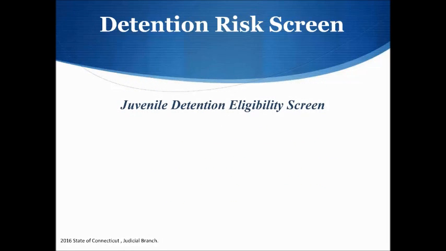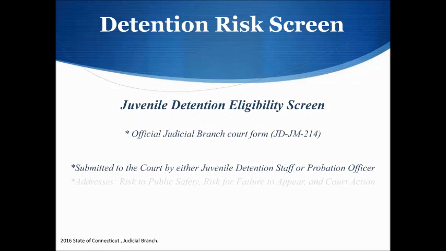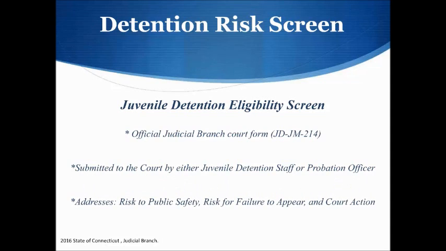While the detention risk screen itself cannot be admitted into the court record, per Connecticut General Statute 46B-124L, as amended by Public Act 16-147, Section 4, the risk to public safety level and recommendation will be submitted to the court as part of the juvenile detention eligibility screen form.